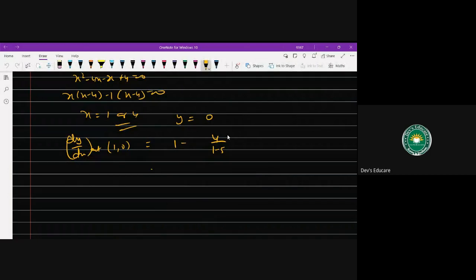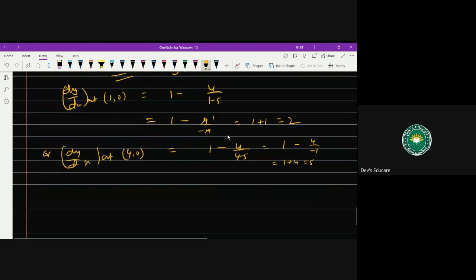So 1 minus 4 over minus 4. So 1 minus minus, plus 1 equals 2. Or dy by dx at 4 comma 0 equals 1 minus 4 upon 4 minus 5 equals 1 minus 4 upon minus 1. 1 plus 4 equals 5.